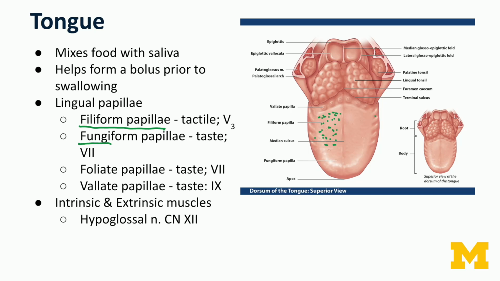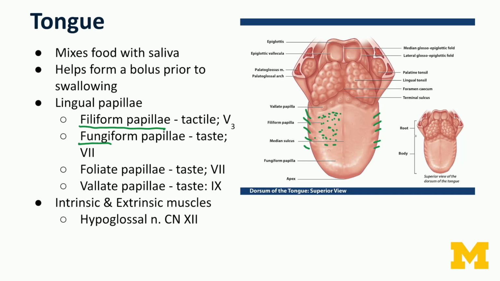Foliate papillae are more on the lateral aspect of the tongue, and they tend to be more concentrated in younger individuals. We lose these as we age. Foliate papillae are also controlled by cranial nerve 7 as well. So special sensory for taste coming back through the facial nerve.